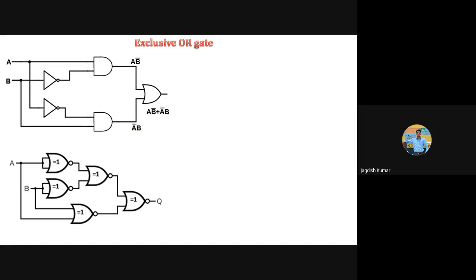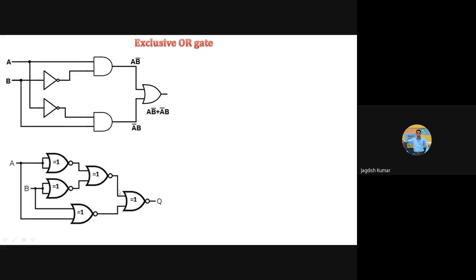Again, if you apply De Morgan's theorem, what will that give you? A or B whole NOT is equal to A NOT and B NOT, isn't it? This will be A NOT and B NOT.